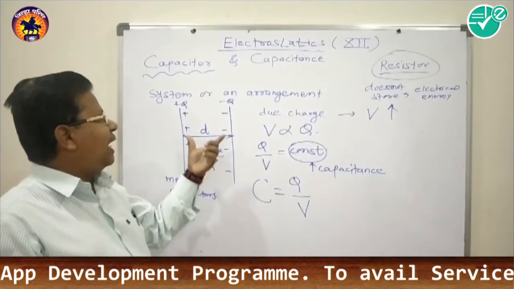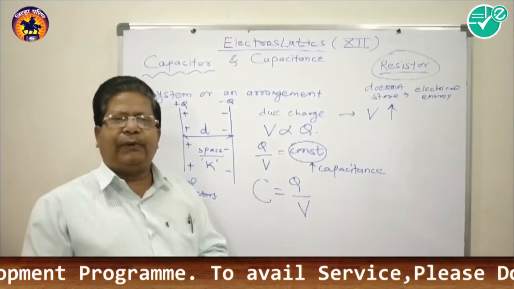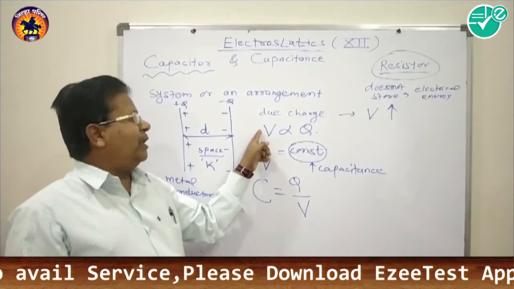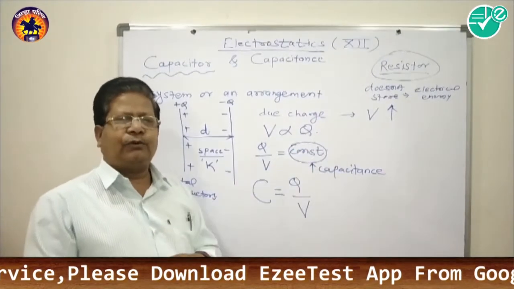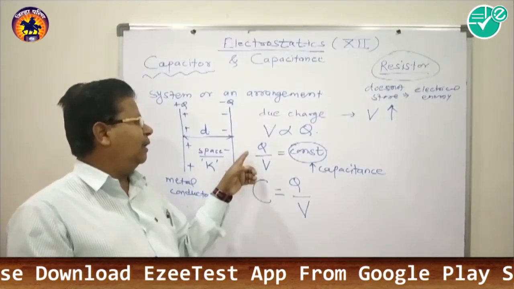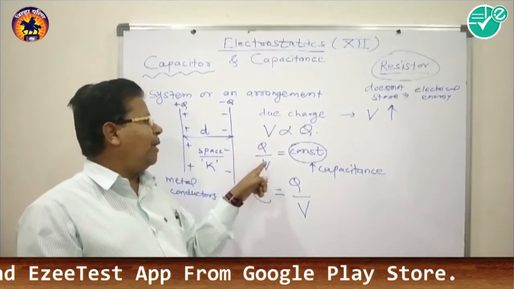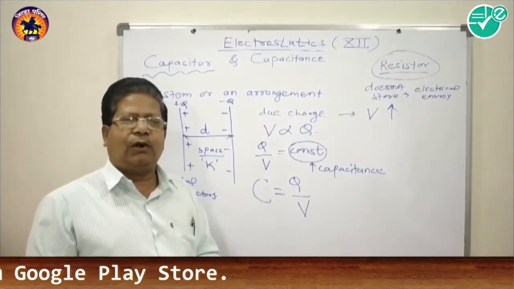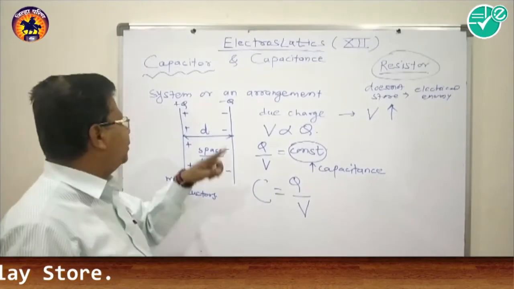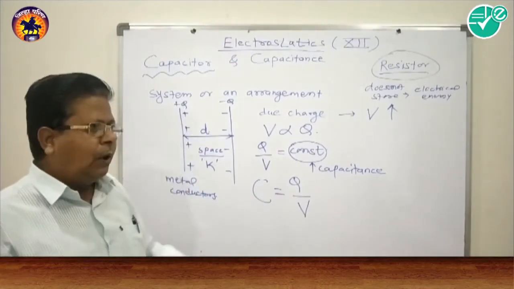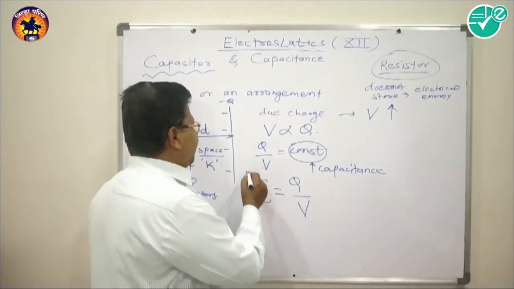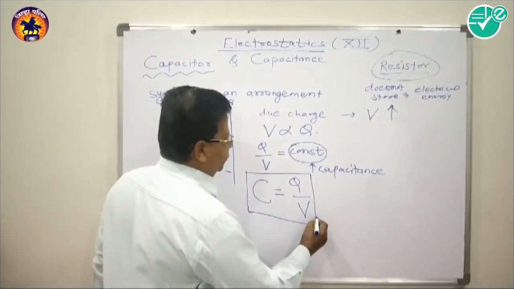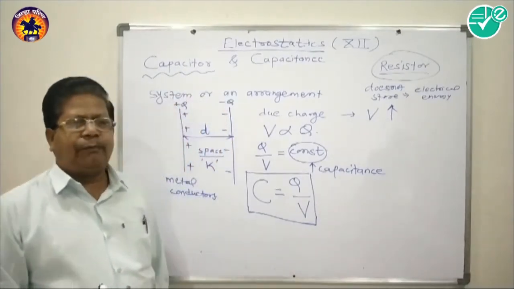And when charges are deposited on the plates of the capacitor, electric potential is directly proportional to the charge, and the ratio of Q by V is constant, and this constant of proportionality is called the capacitance of the capacitor. So, capacitance of the capacitor is C equal to Q divided by V.